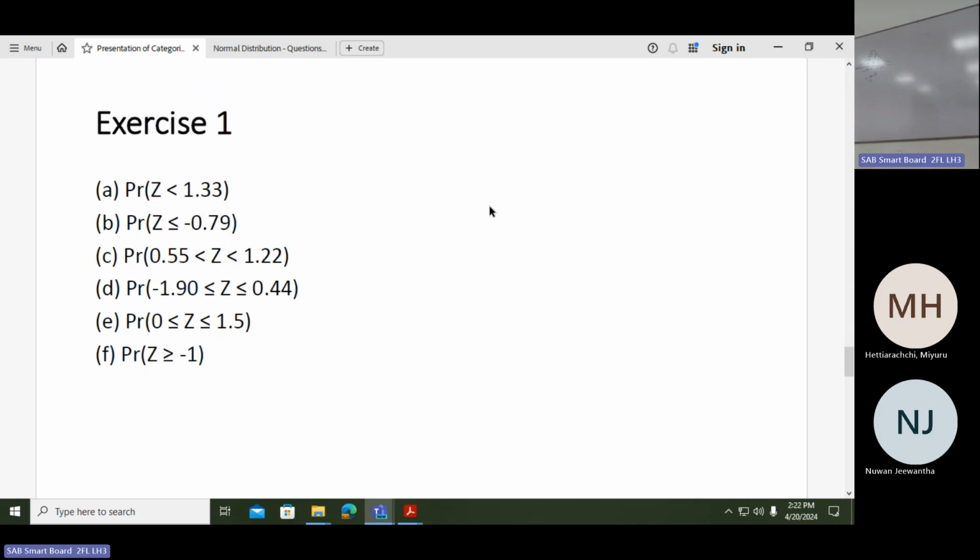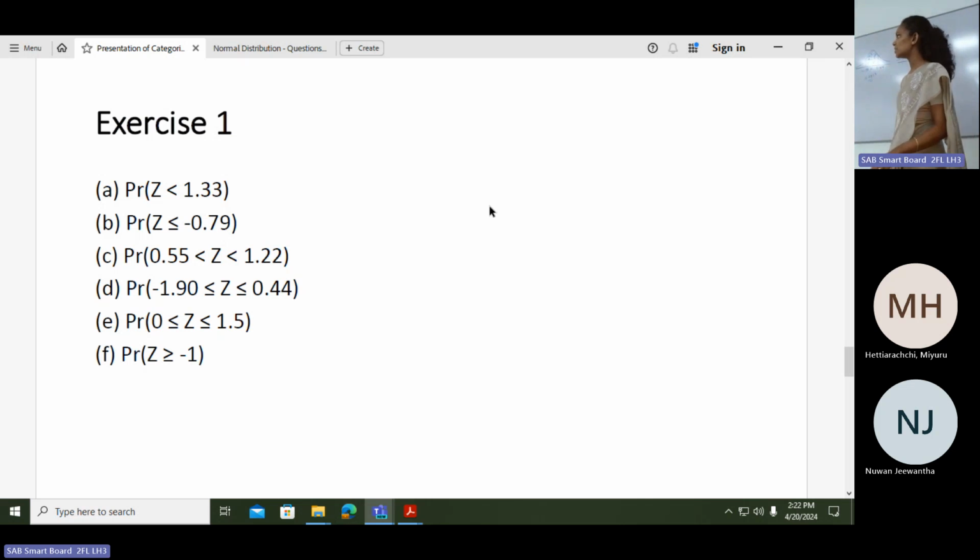Then part E, 0 to 1.5. This is the 0, then 1.5. It's very easy. Looking at the probability value for 1.5, it's 0.4332. Its value is between 0 and 1.